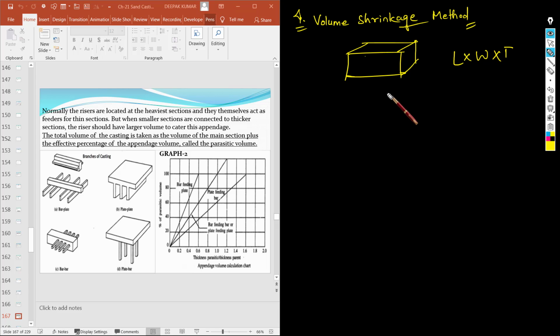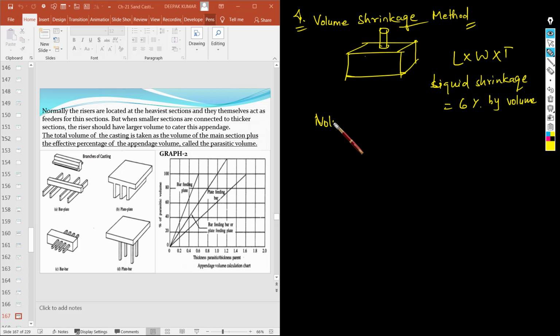We know the shrinkage value. We talk about the liquid shrinkage, isn't it? Let's suppose it is 6% by volume. So this much metal is required to be put through the riser.